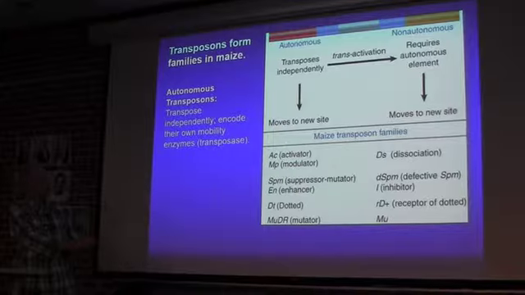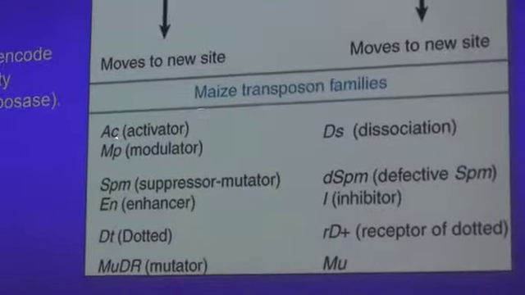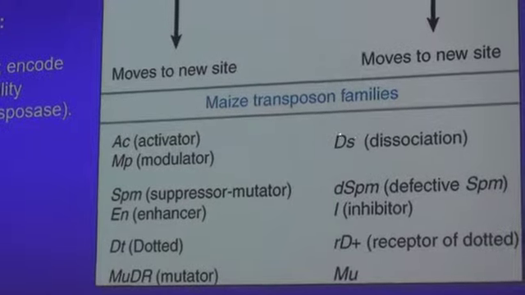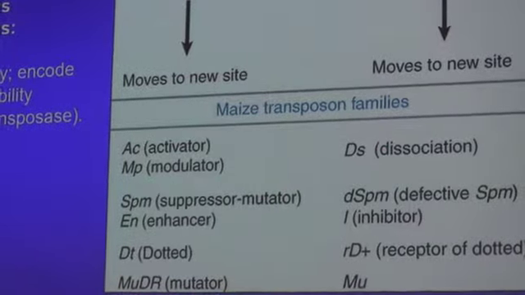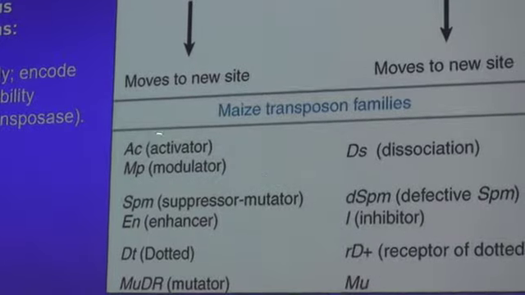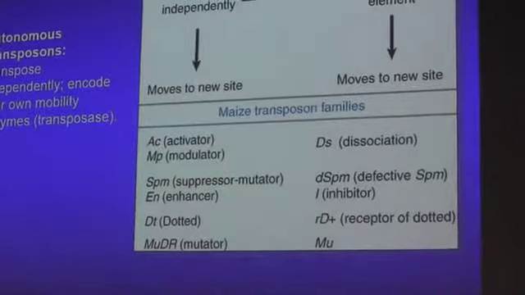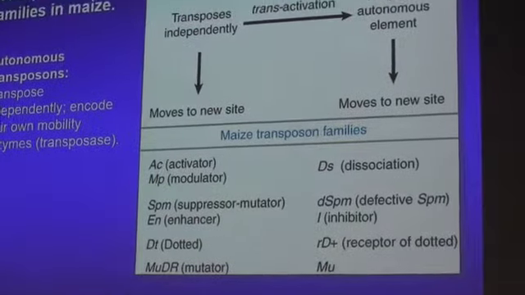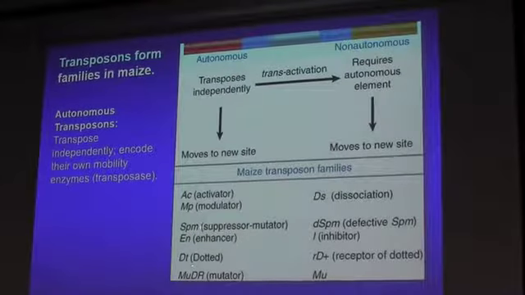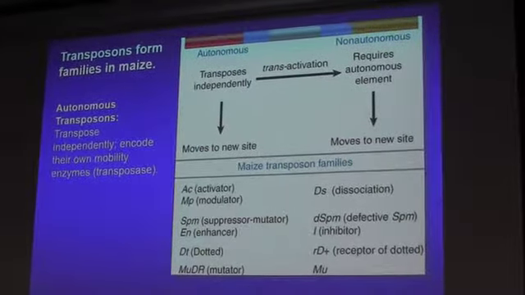And that same transposase acts on inverted repeats that are identical on DS. So DS no longer has a transposase. And so many copies of even AC don't have functional transposases in them, but there's enough maintained to keep the family alive. But you see there are a lot of different classes of these DNA-based transposons.